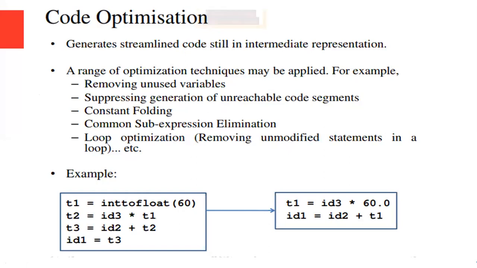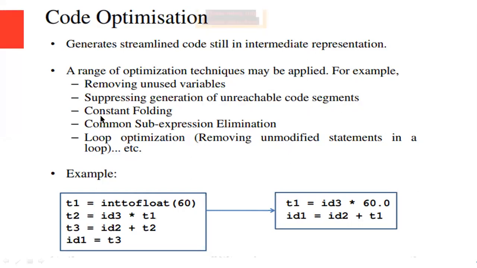That means, for example, one statement is there, but it is never reached by the function. So it is not useful to that particular program. Those types of statements can be removed by the code optimization.